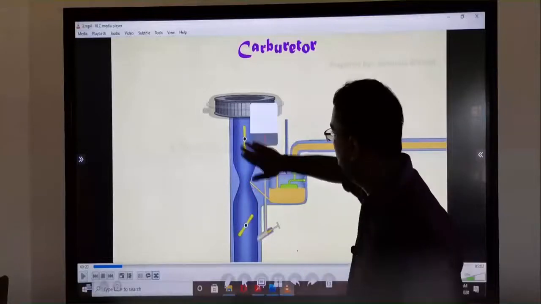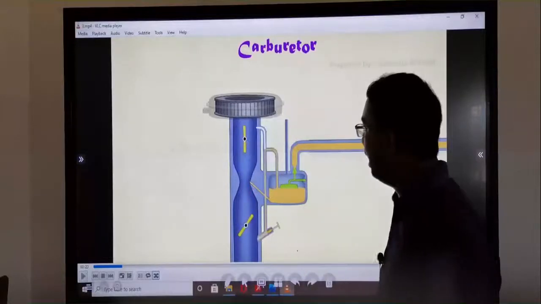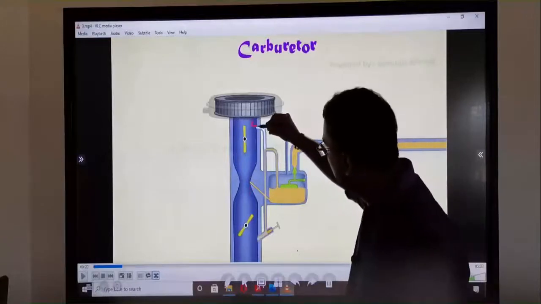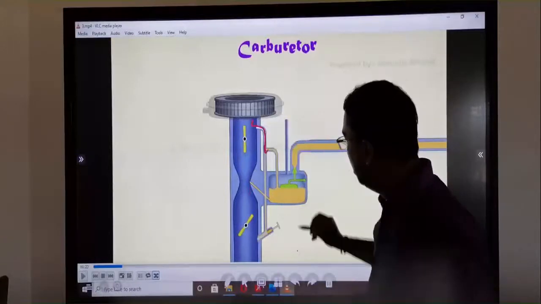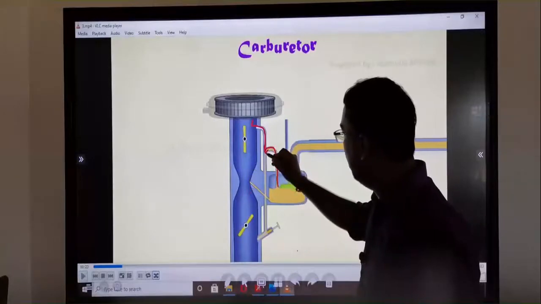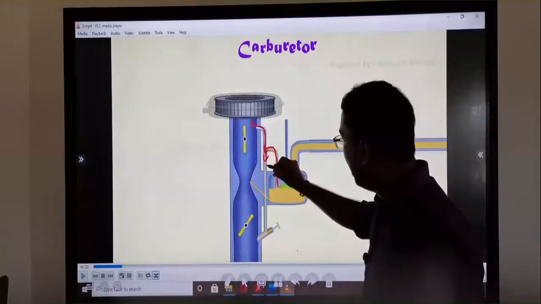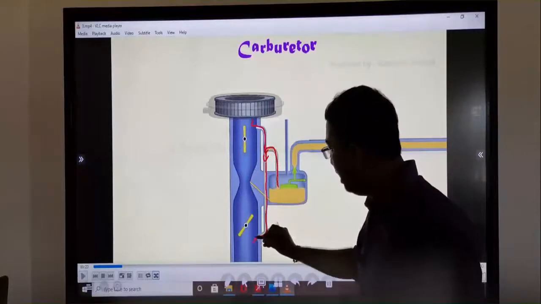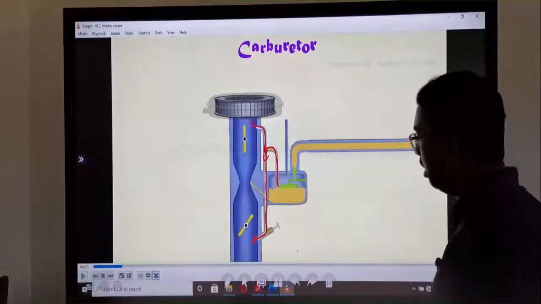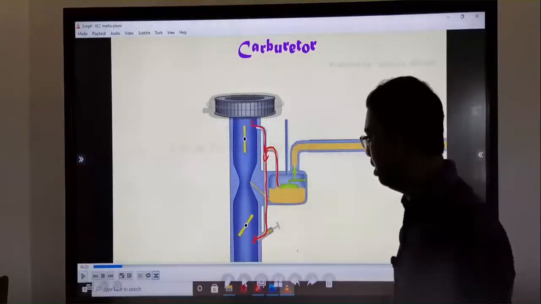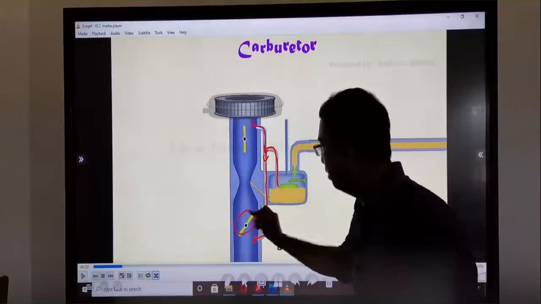When we start the vehicle, the air comes through this small pipe, the fuel also comes and mixes with it, and the air fuel mixture comes like this and drops into the main manifold after this throttle valve.